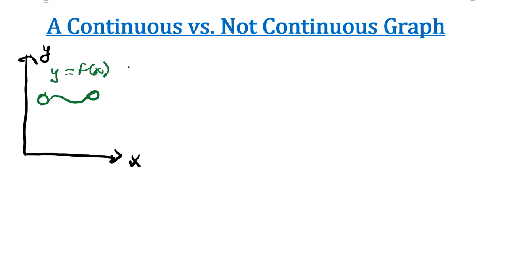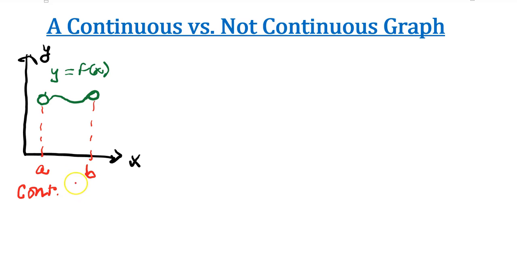And y equals f of x is defined between this value of a and this value of b right now. If we look at this graph, I think you guys would all agree with me that between a and b, f of x would be continuous. So I could say that this graph is continuous.